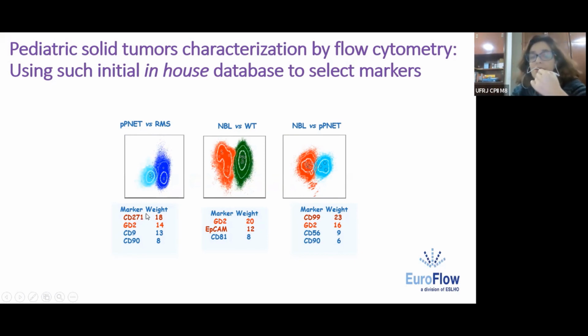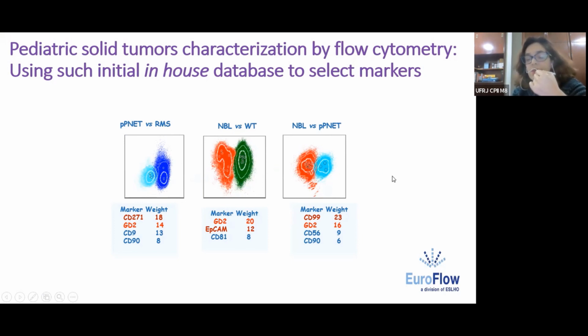CD271 is super high in rhabdomyosarcoma. It is expressed in PNET, not as high as in rhabdomyosarcoma, but it's a strong positive. And GD2 is low in PNET, and not expressed in rhabdomyosarcoma, for instance. At that time, we had few cases in some categories.